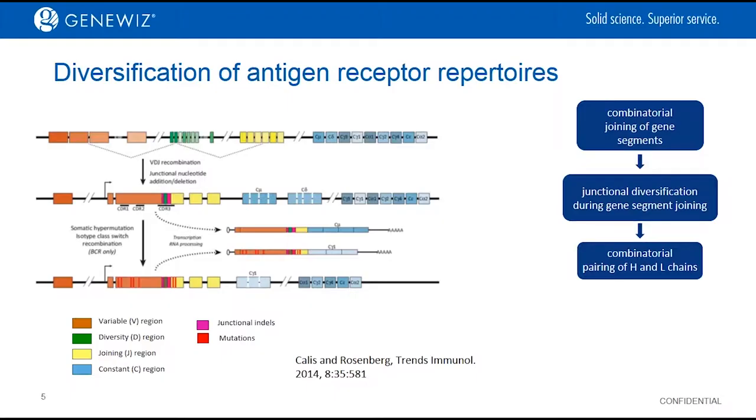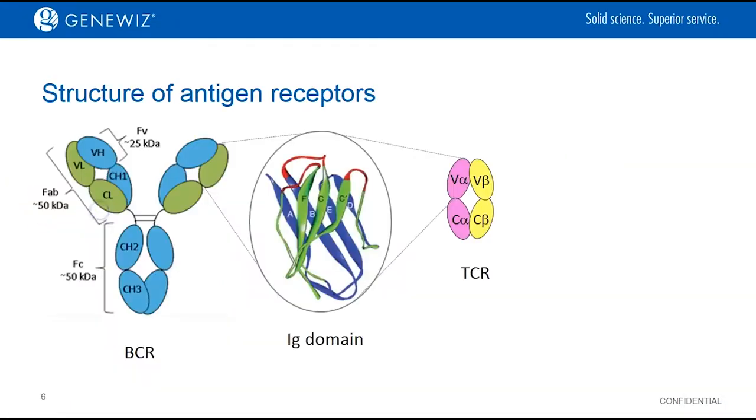Finally, there is another diversification step which is specific to B cells, and this step is following antigen exposure. The process is called somatic hypermutation. Through the variable regions, mutations are introduced such that a modified receptor can have increased antigen affinity.